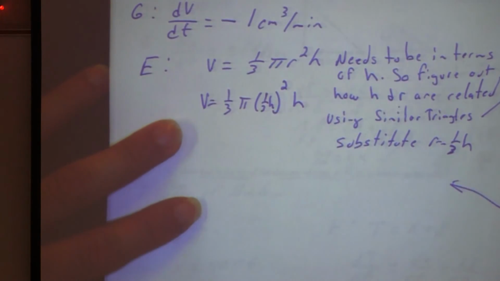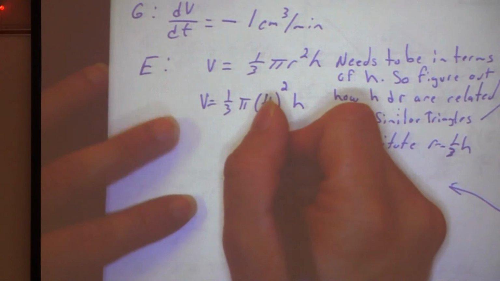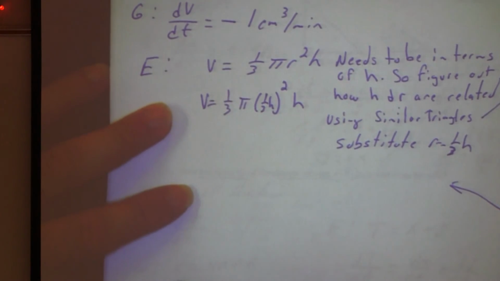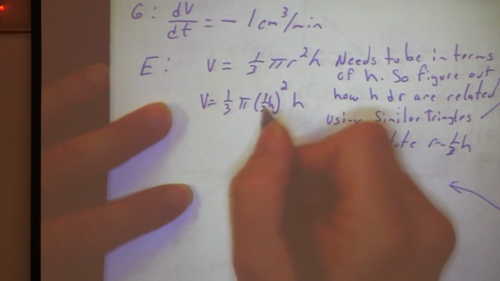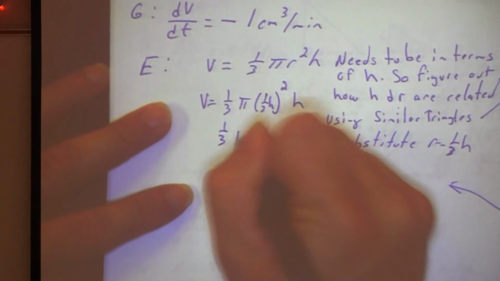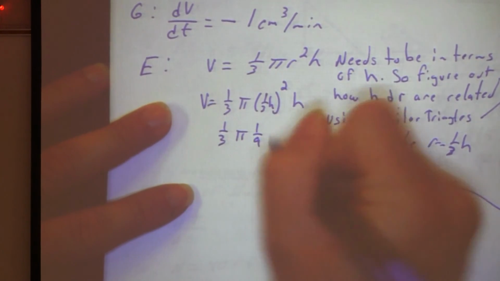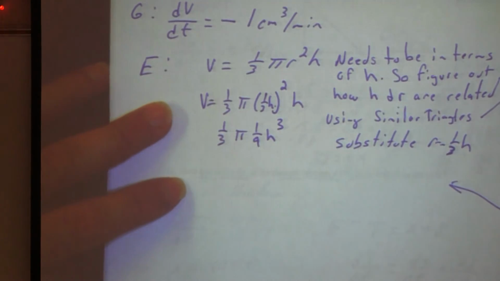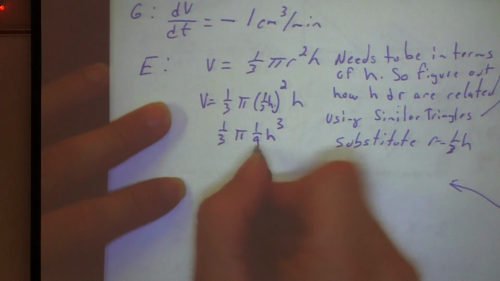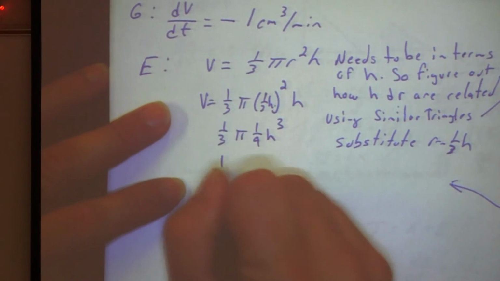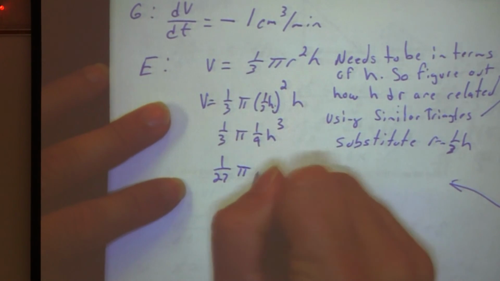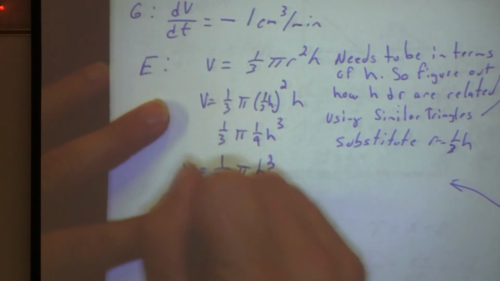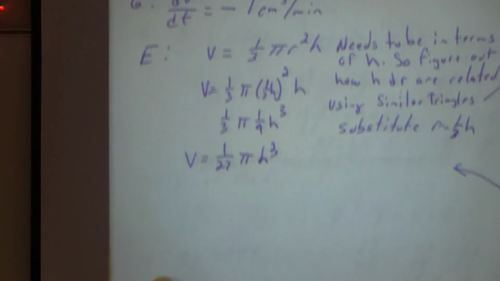What's 1/3 times 1/3? 1/9. So we got 1/3 pi, 1/9, h squared and h gives us h cubed. 1/3 and 1/9 gives us 1/27.